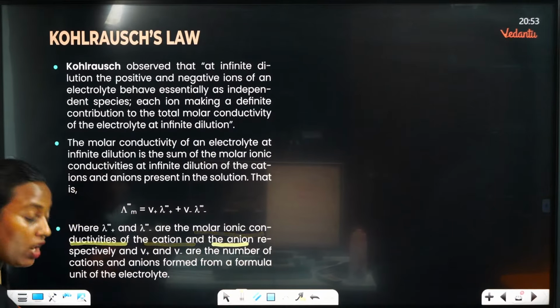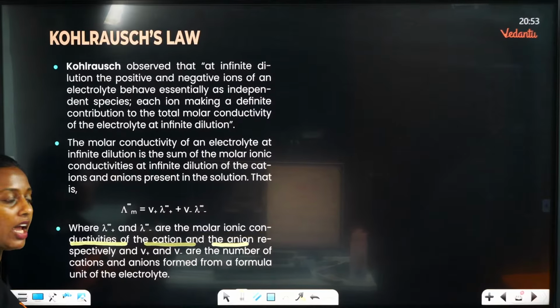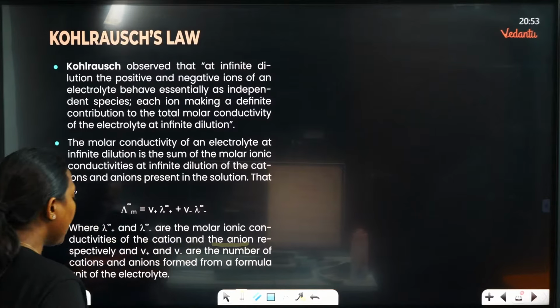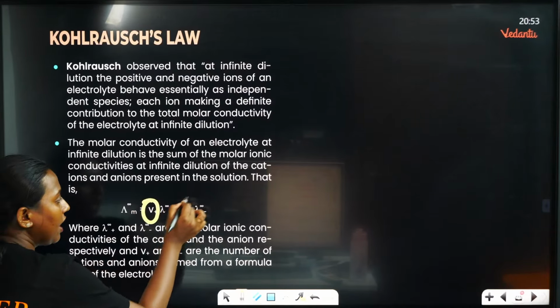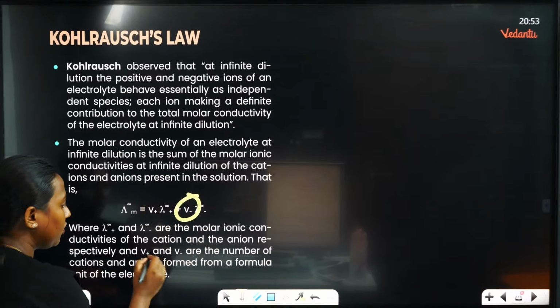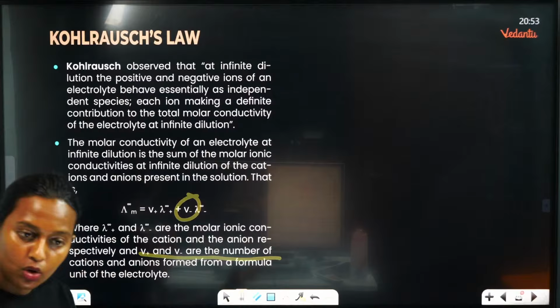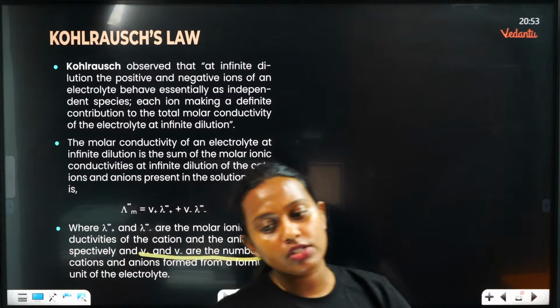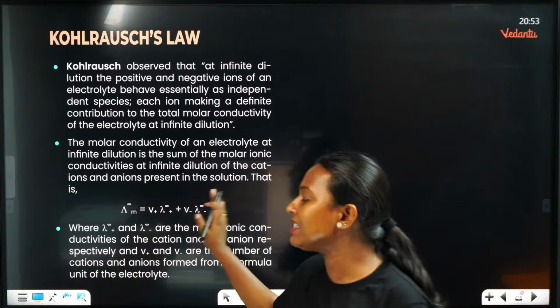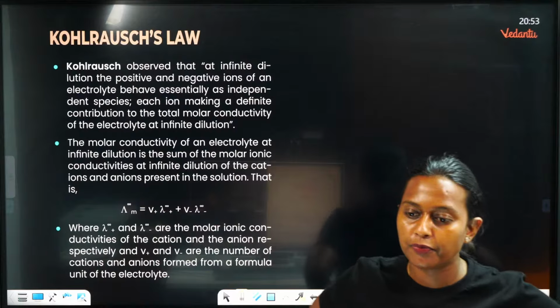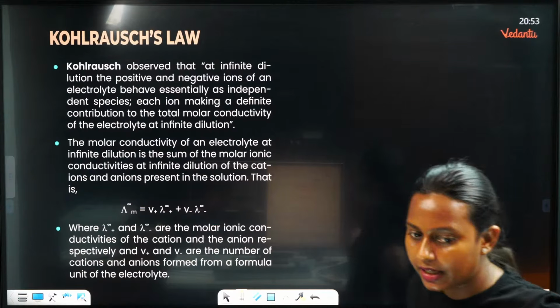V plus and V minus are the number of cations and anions. Clear? I hope it's clear.